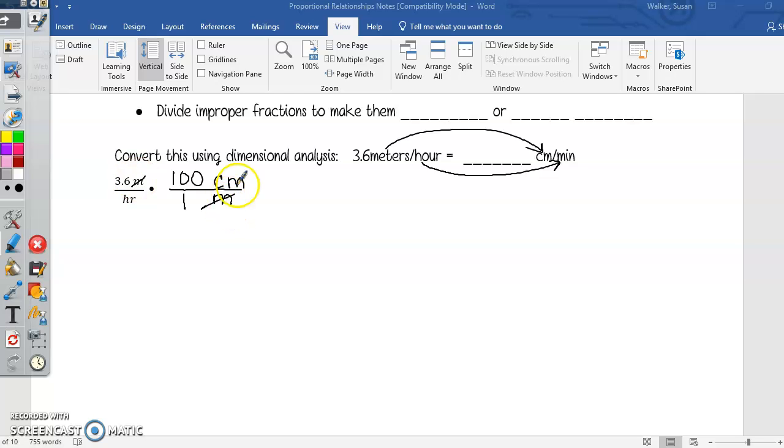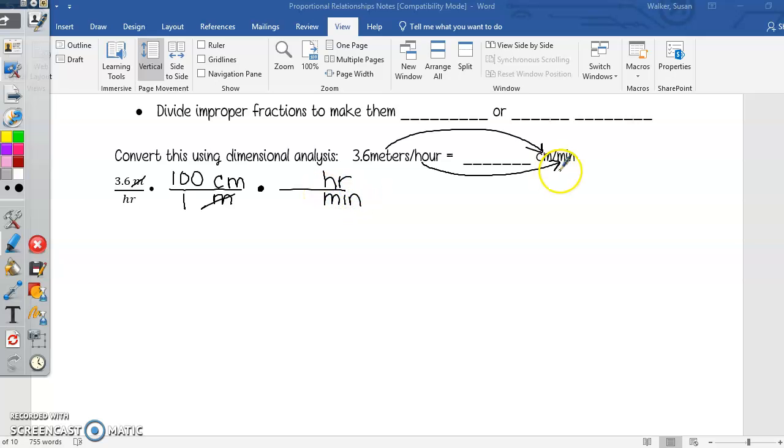Now I have centimeters per hour. I want centimeters per minute. So we're actually halfway there. So the centimeters were good. Now I need minutes, right? Not hours. Well, hours is on bottom. So to get rid of it, we put it in the opposite position. Hours on top, which means minutes on bottom.